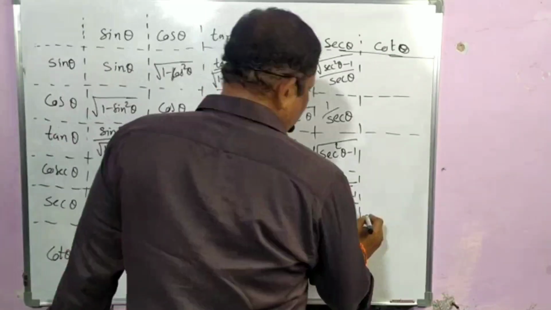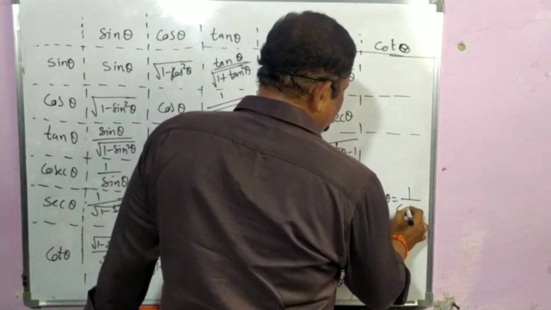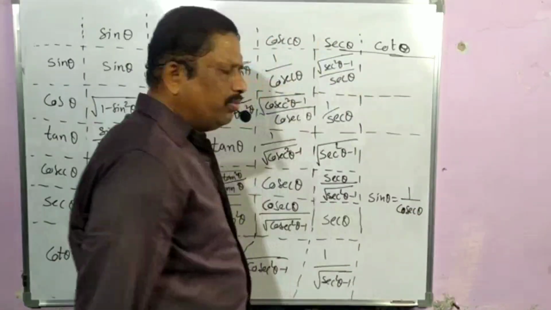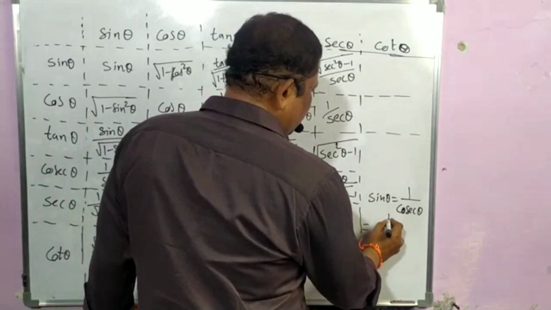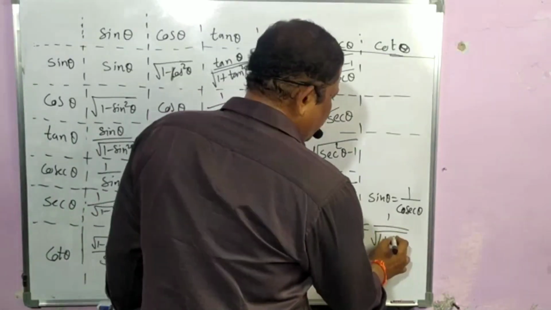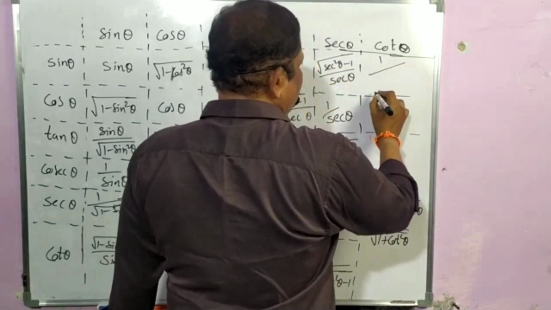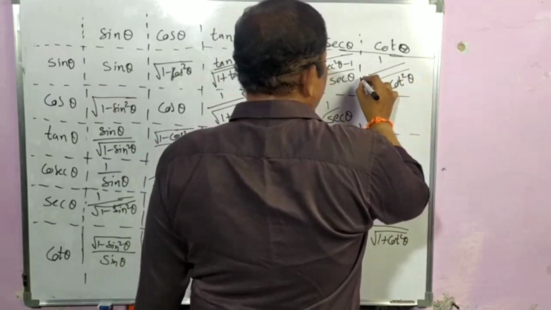So sine theta is equal to 1 by cosecant theta. Here cosecant theta can be written as under root of 1 plus cot square theta. So 1 by under root of 1 plus cot square theta.